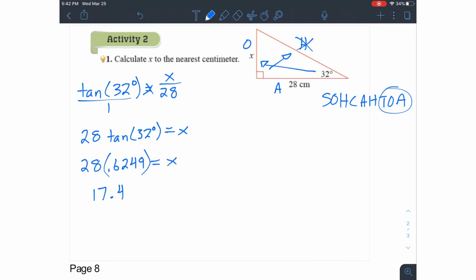We're told to round to the nearest centimeter. It's technically less than half, so rounding it means that we have 17 is equal to x, because we were supposed to round to the nearest centimeter.